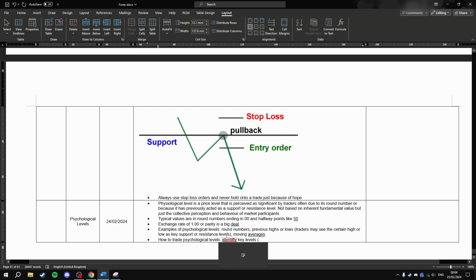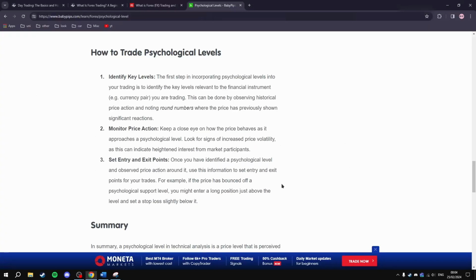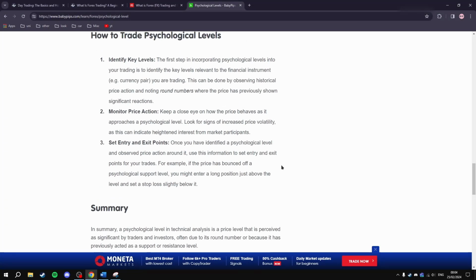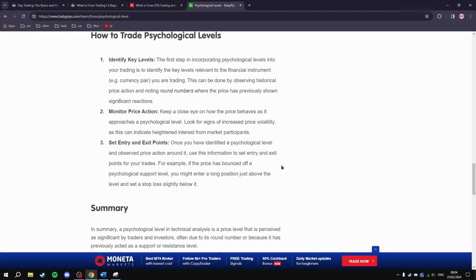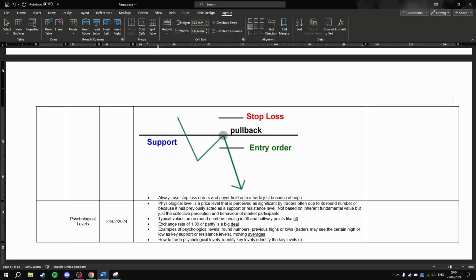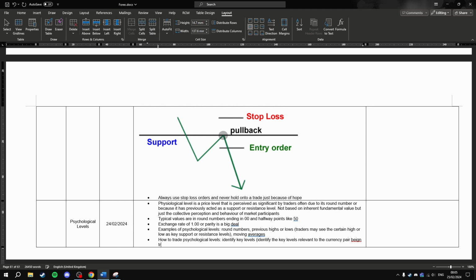The first step in incorporating psychological levels into your trading is to identify the key levels relevant to the financial instrument, e.g. the currency pair you're trading.